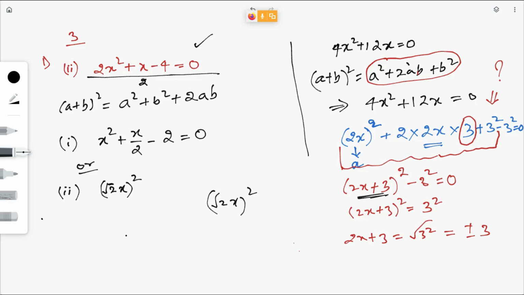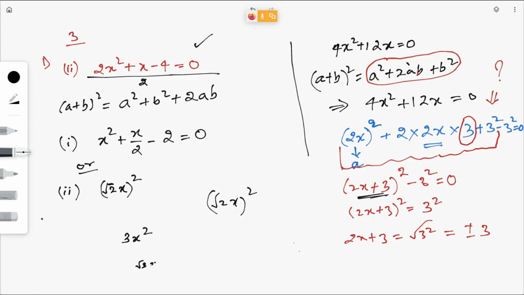What will you do if it is a 3x square? If the first term is 3x square, what will we do? So we can take it in the root. So what will you get?